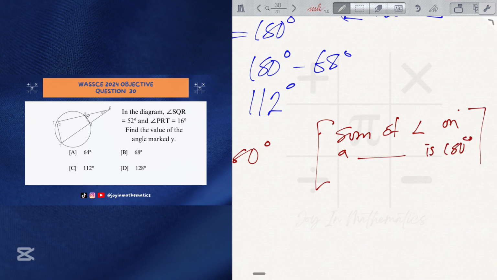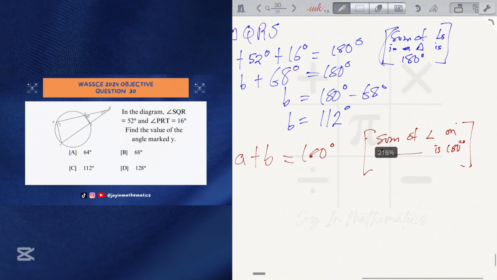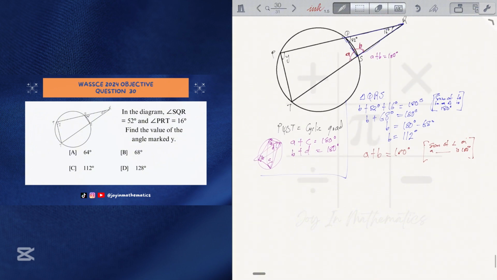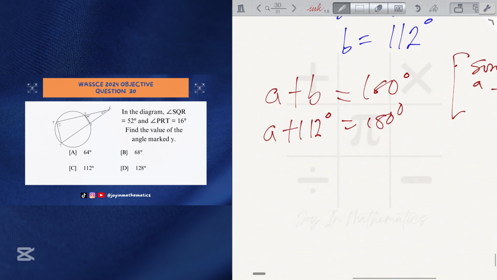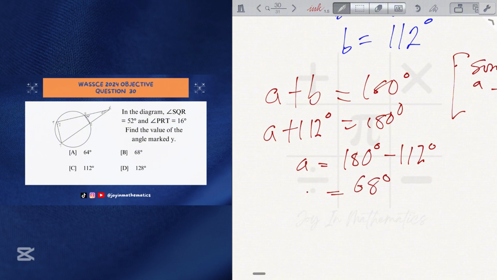So with that done, we can now evaluate our angle A. So therefore A plus 112 degrees is equal to 180 degrees. So when we make our calculation, A is 180 degrees minus 112, which is equal to 68 degrees.